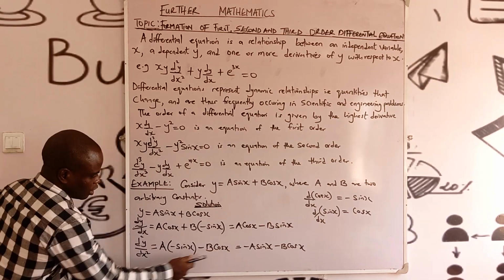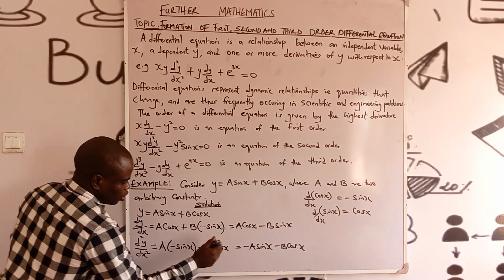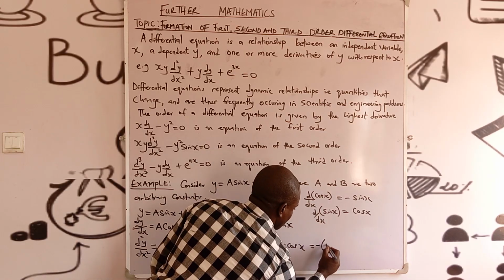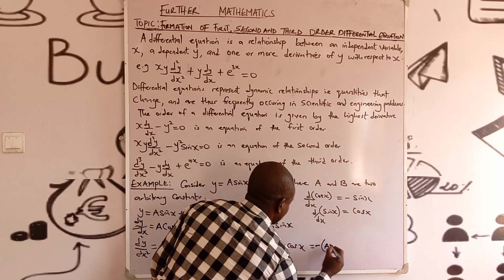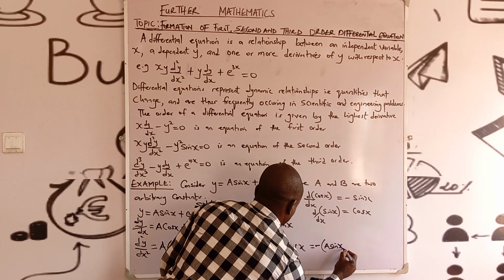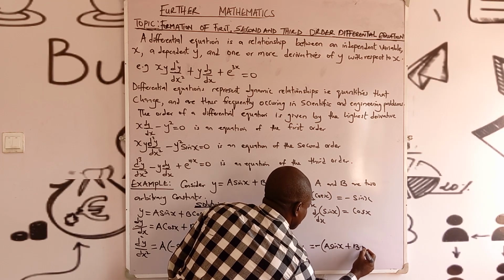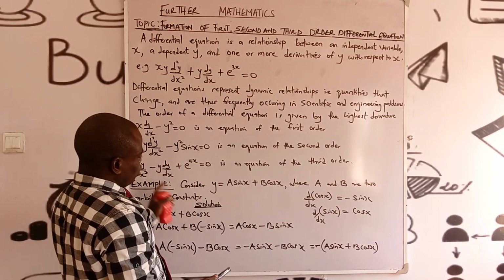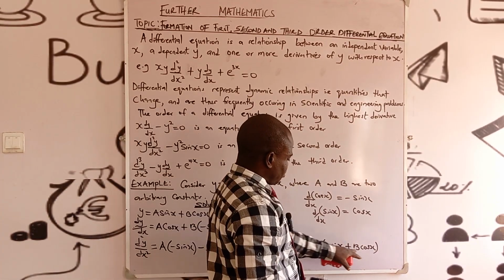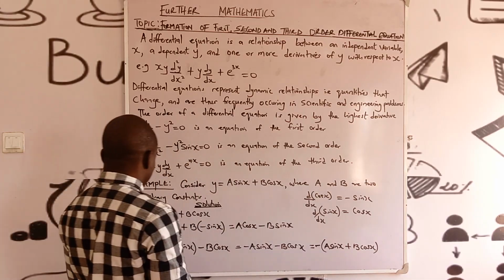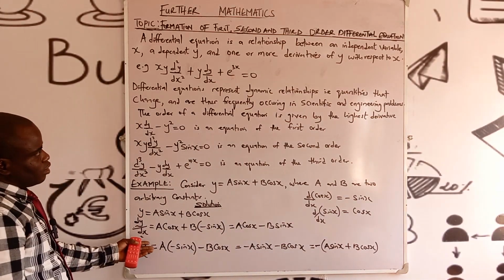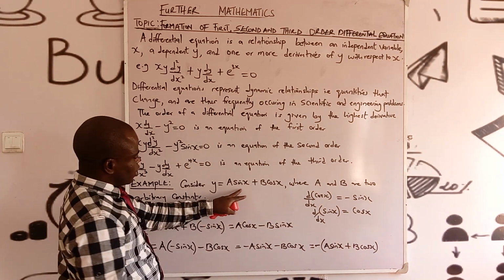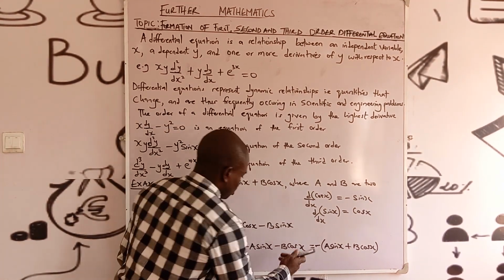Now we have the second derivative, which equals negative; let's factorize out the common minus, sine x plus b cos x. You can see we have to remove these constants when you are solving a differential equation, and that's why you have y equals a sine x plus b cos x.